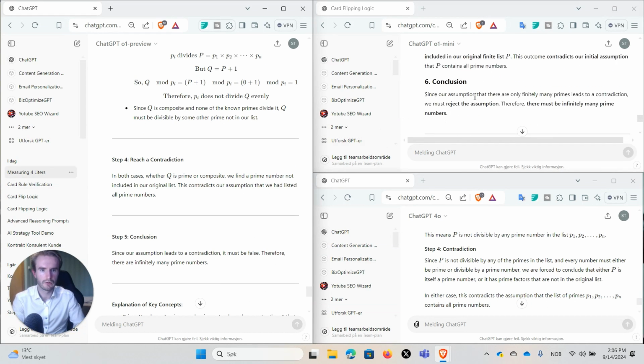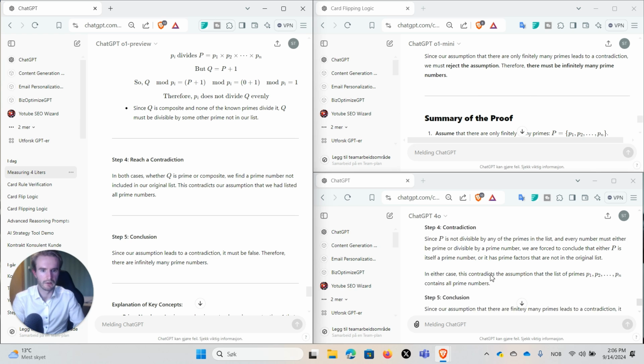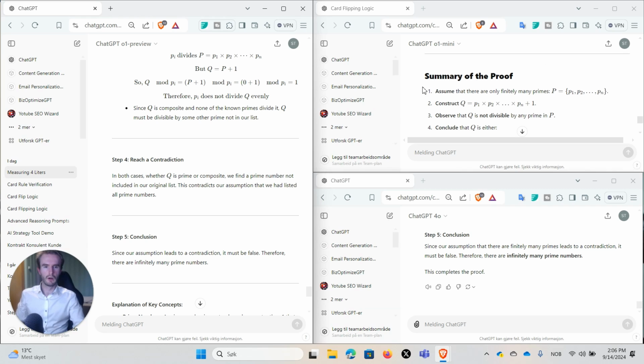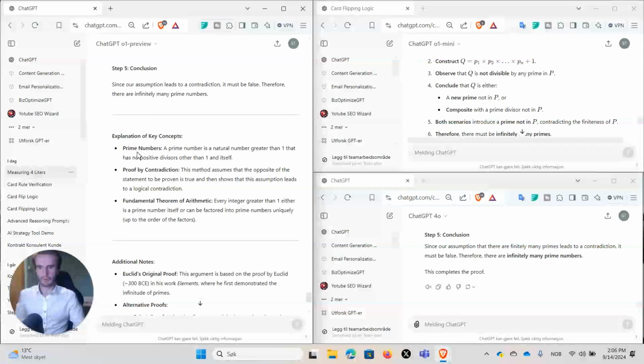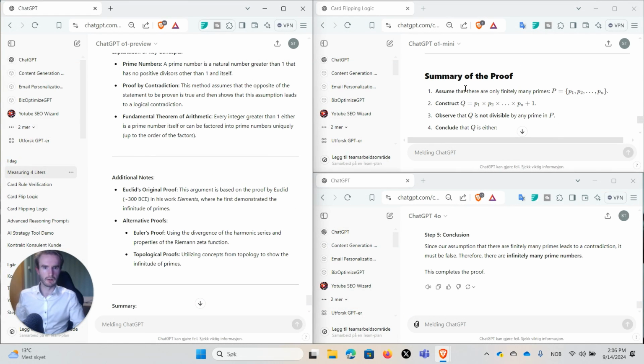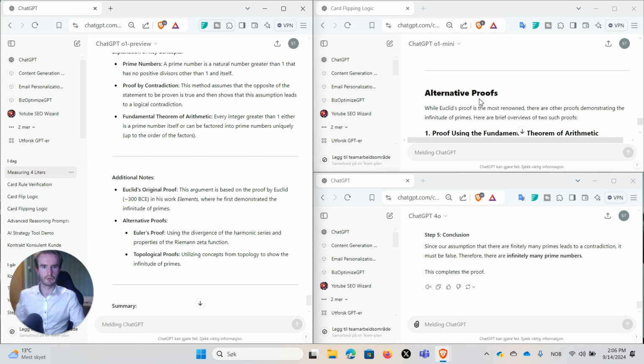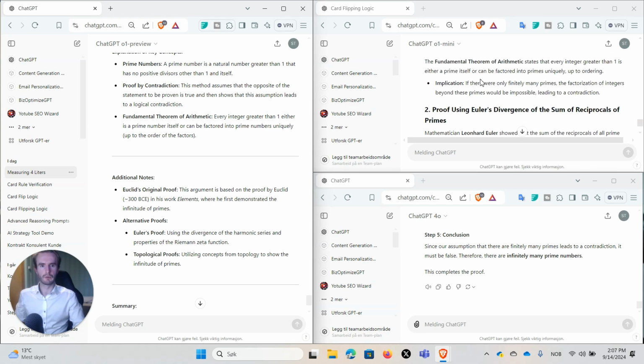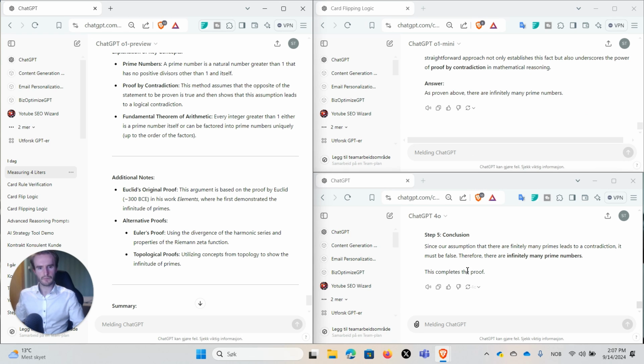Reach a contradiction, and then we have the conclusion from there. Okay, so it takes basis in the same kind of process, but here it's more of an overview and summary. It provides a good summary here, so also in this case, O1 mini does real well with providing the results. So that completes the proof.